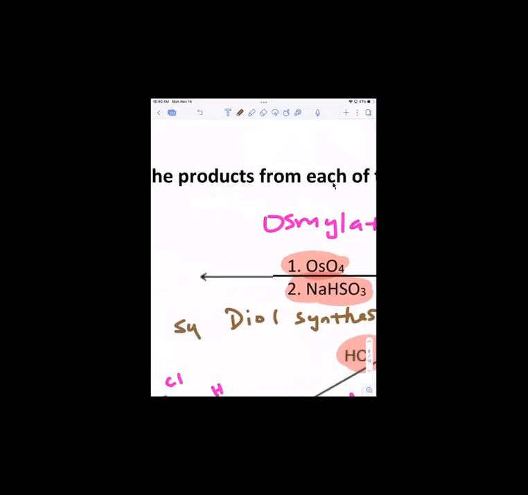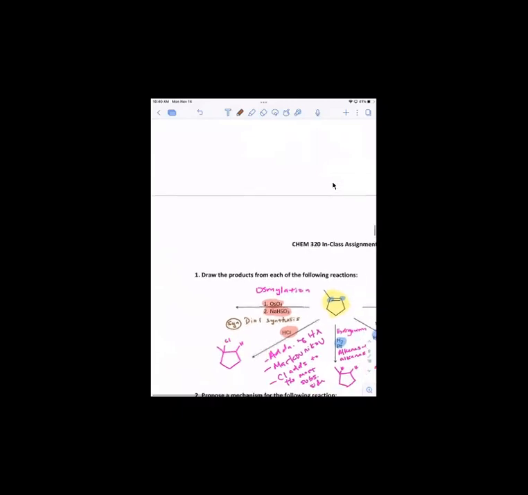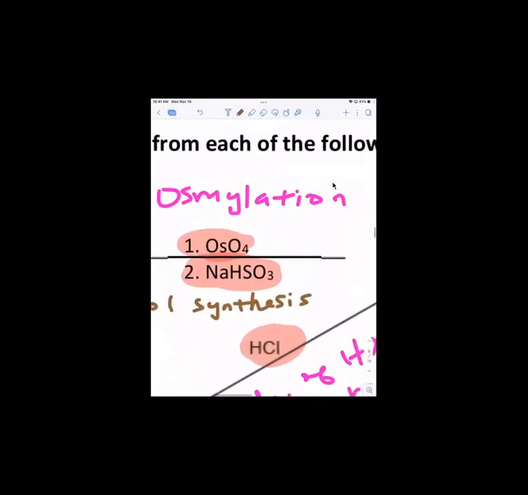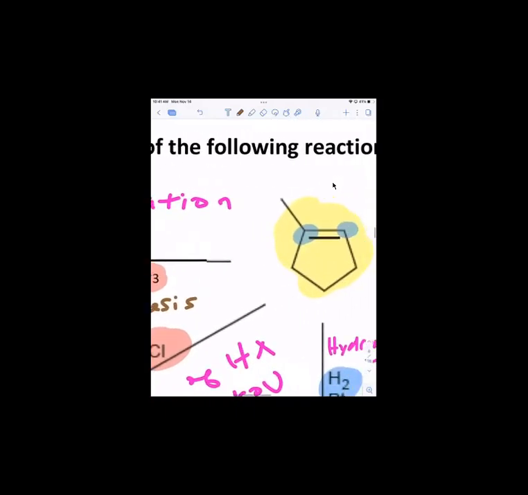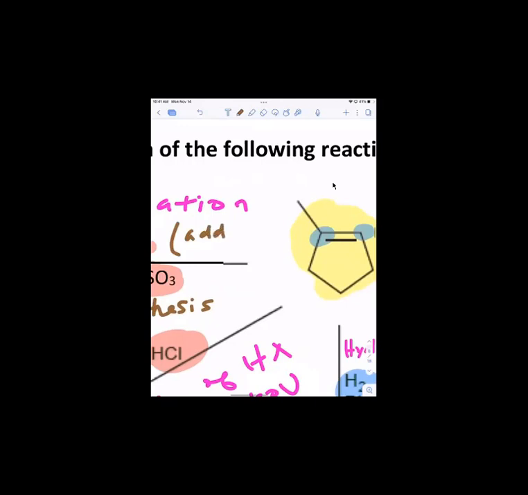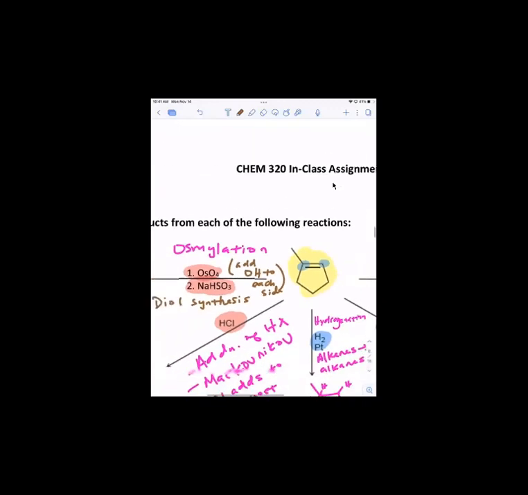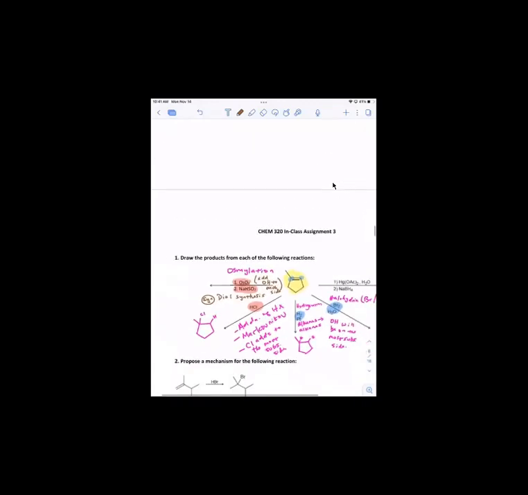I'm going to put here syn diols, right? So with the osmium tetroxide and sodium hydrogen sulfite, you're going to add an OH to each side of that alkene. I think we talked about this earlier.